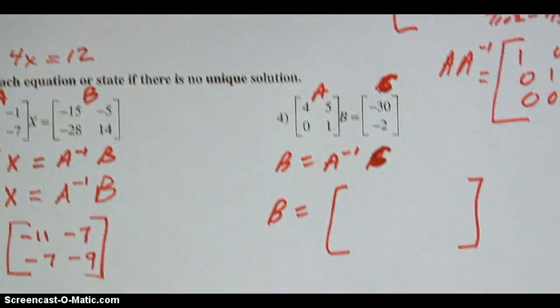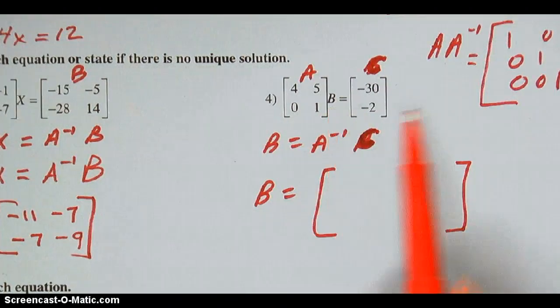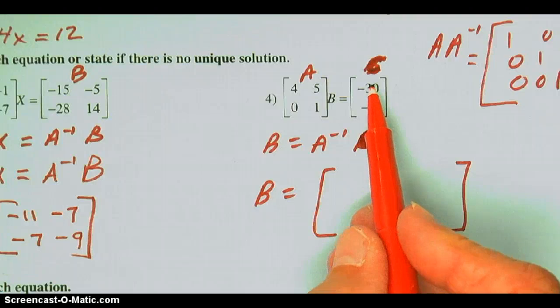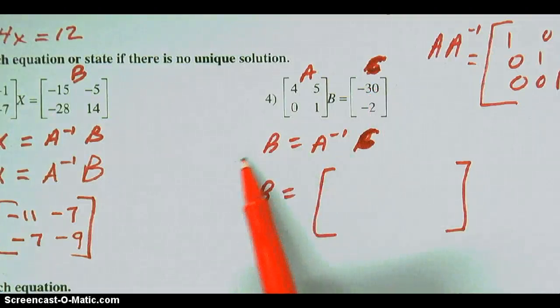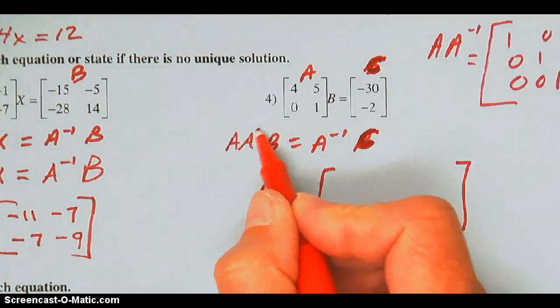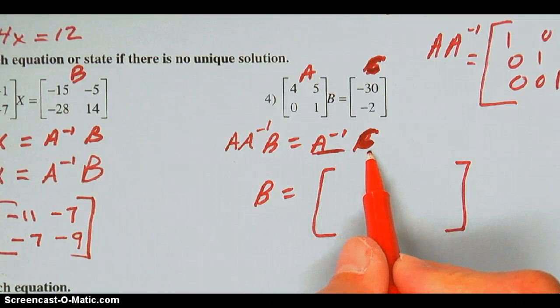Notice in number 4, we have an A matrix, we have a B matrix, so I chose to put this in a C matrix when I put it in the calculator. So to solve for B, we're going to multiply both sides by A inverse. You have to multiply A inverse first when you multiply it by another matrix.